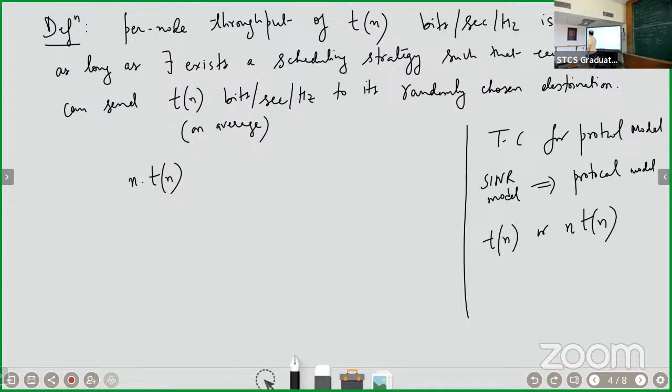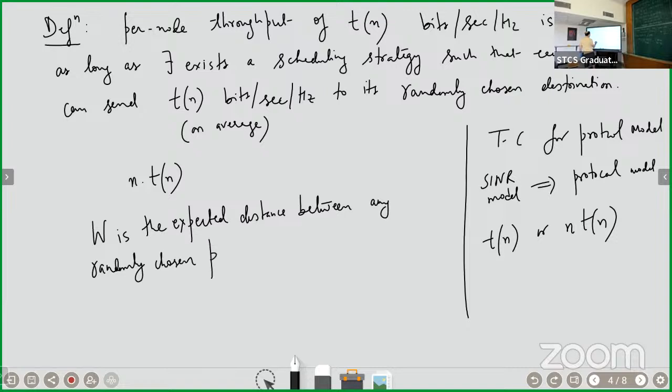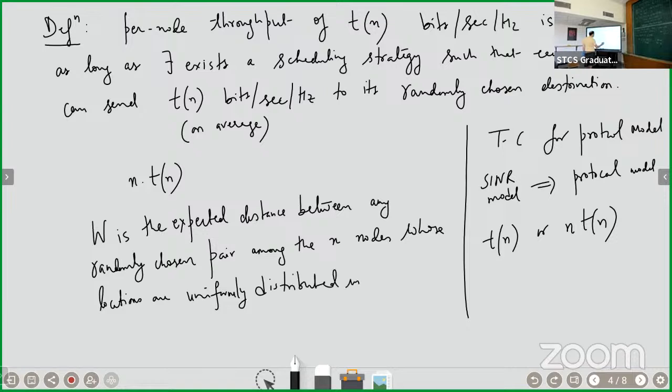So let's just look at, let's say W, the distance between any randomly chosen pair among n nodes whose locations are in S1.